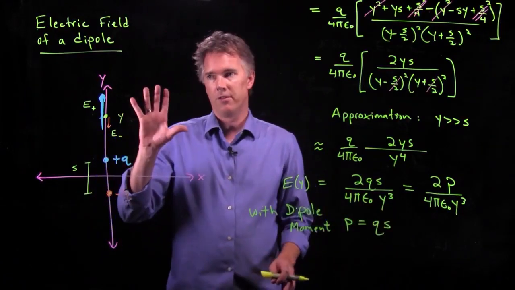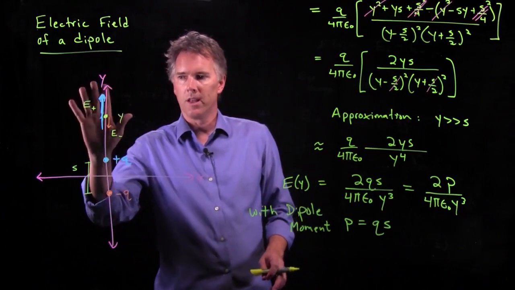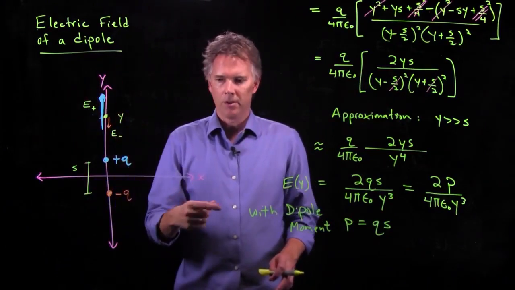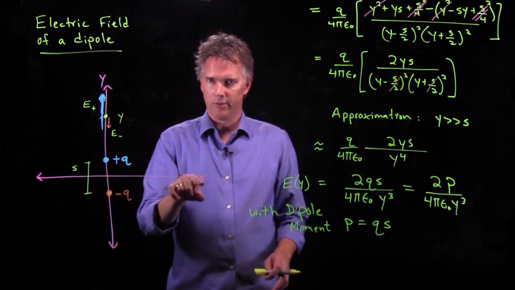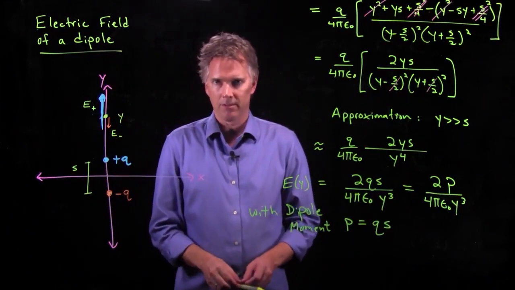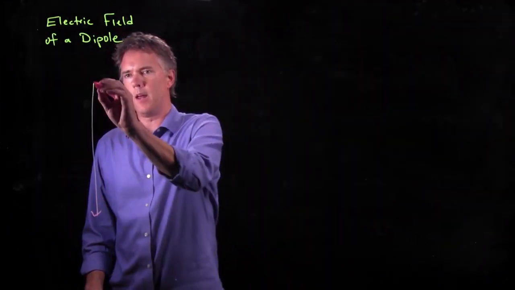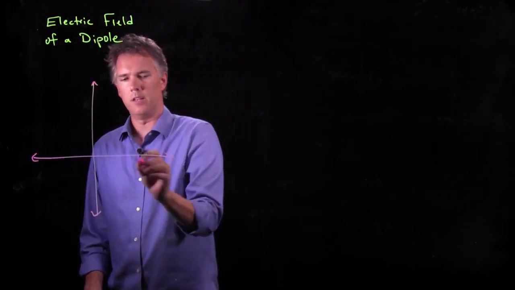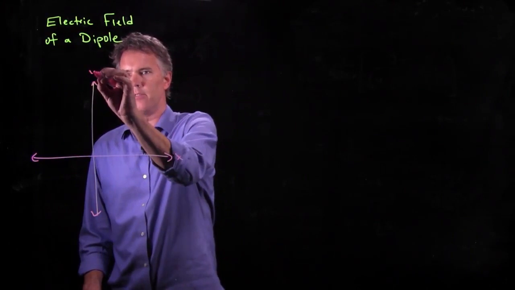Okay, so this was the first half of the discussion. What's the electric field of a dipole on the y-axis? The next part is going to be, what's the electric field of a dipole on the x-axis? And now we're going to look at what the electric field is on the x-axis as opposed to the y-axis.